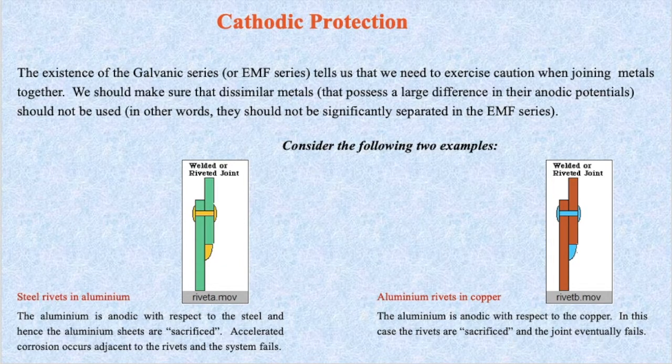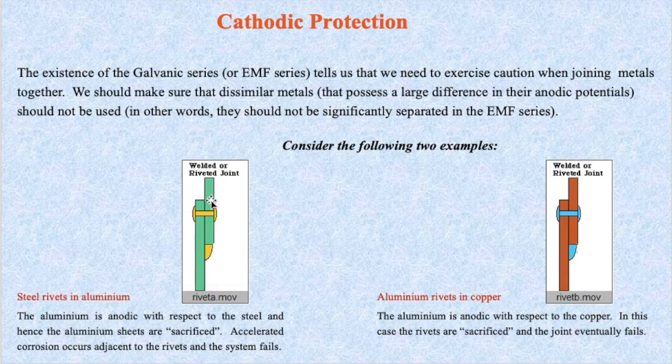So in cathodic or sacrificial protection, you know which one will corrode based on the galvanic series, its potential. So whichever one is more anodic, that you know is going to corrode, is the one that you will need to use as the actual joint, not as the product.